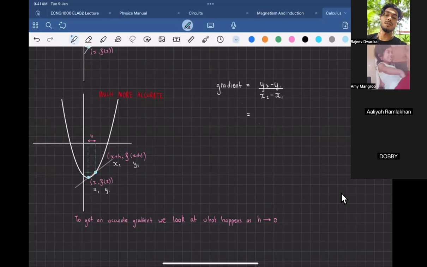So y2 is f of x plus h, minus f of x, over x plus h minus x. Right? X plus h minus x. And what does this simplify to?